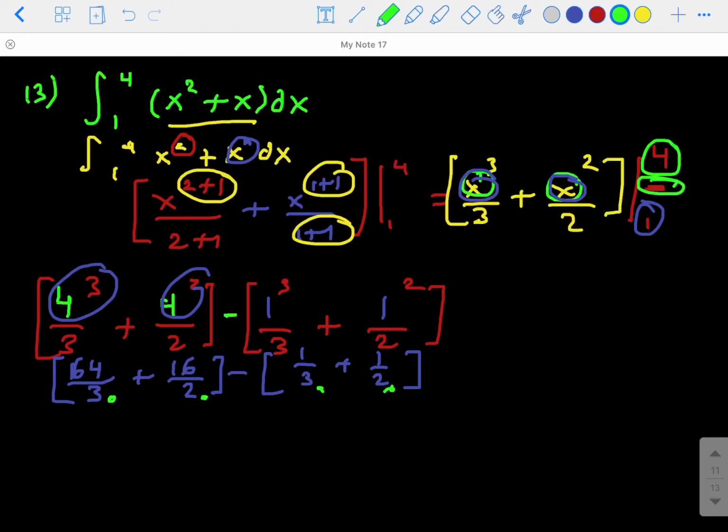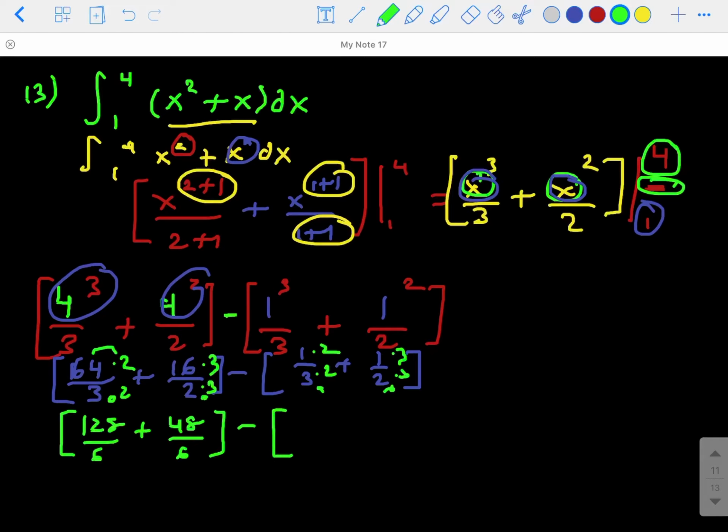So I'm going to multiply so we can see their LCDs come together so we can add just the top. So this is times by 2, this is times 3, times 2, times 3. Carefully work out the math. 64 times 2 is 128 over 6 plus 48 over 6.